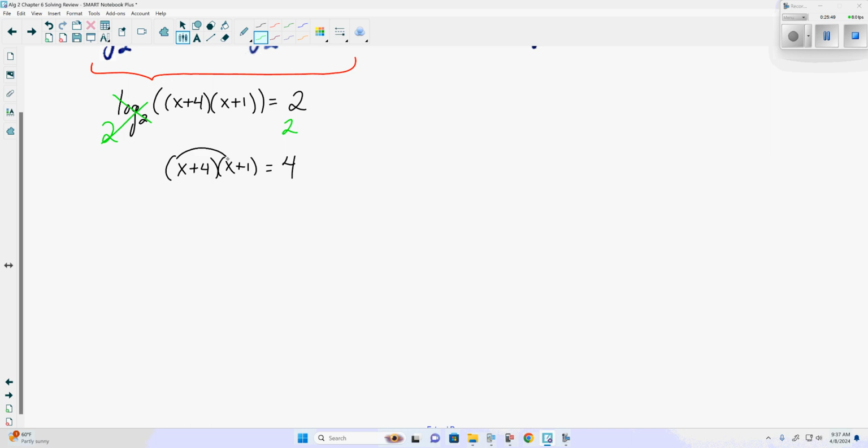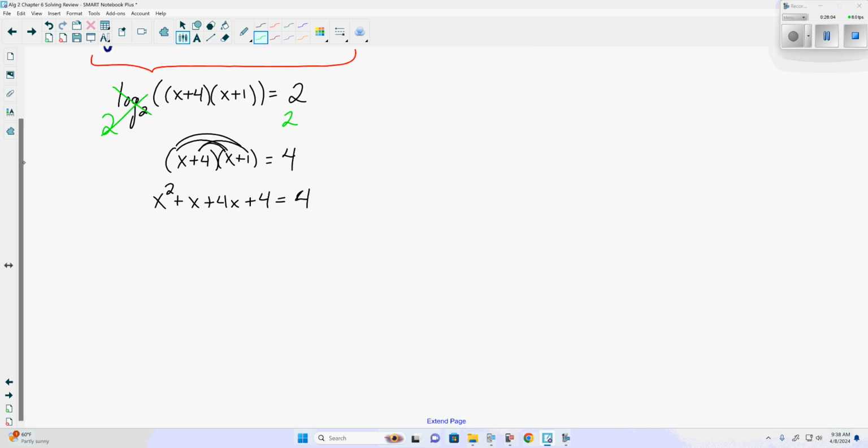Now we do need to distribute over here. X times x is x squared. X times 1 is plus x. 4 times x is plus 4x, and 4 times 1 is plus 4 is equal to 4. Combine like terms. X plus 4x is 5x.